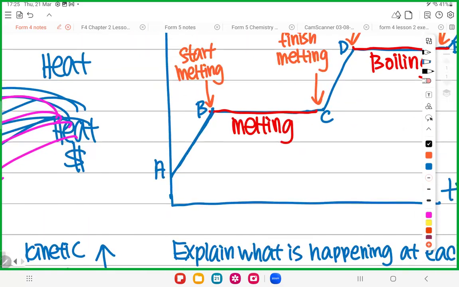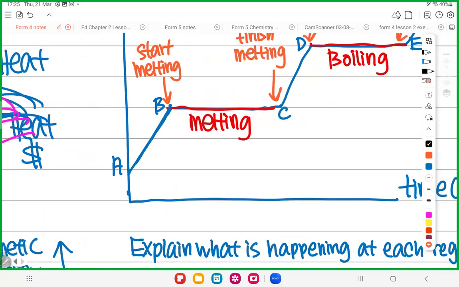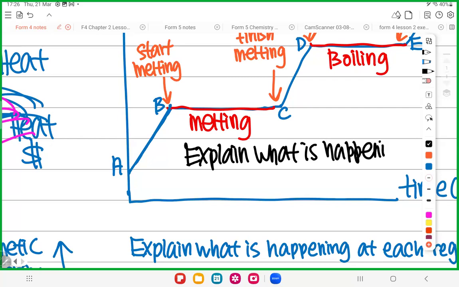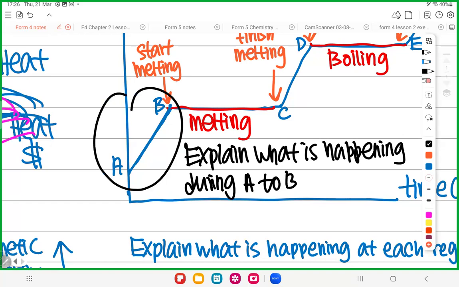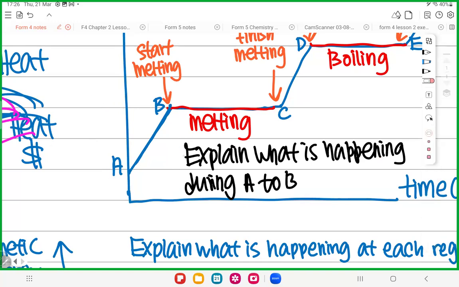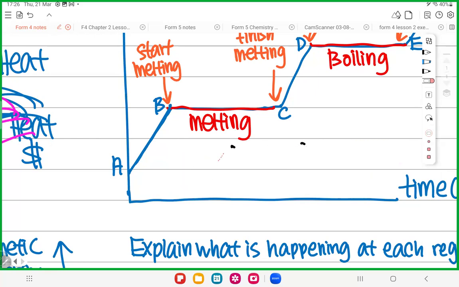If the question says, student, can you please explain what is happening during A to B here, how are you going to change all the pictures I drew just now into words or a paragraph, or we call sentences?